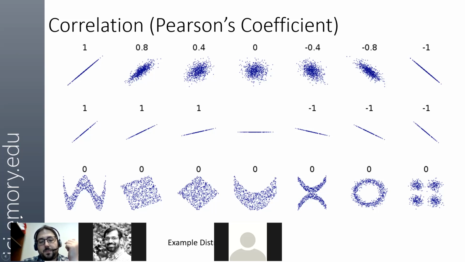So here for that signal that looks like a W, there is a correlation in the intensities of one image to the intensity of the other.